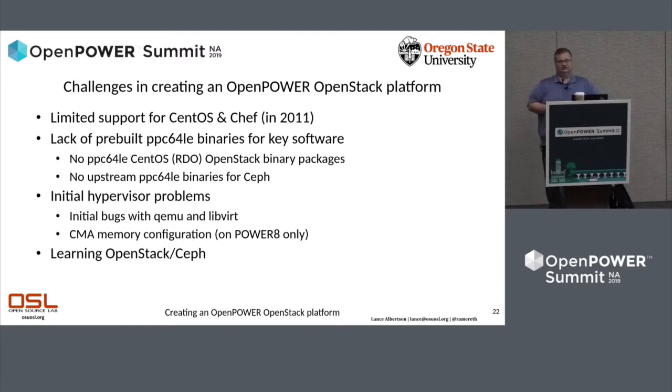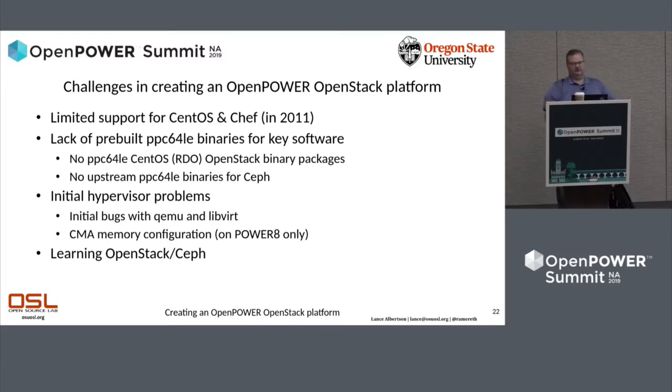So some of the initial challenges that we ran into, since we started so early on with POWER8, there was very limited support for us to start out with. So initially, CentOS didn't have any PowerPC Little Endian support at all. So we actually started out with Fedora back in the day, and then we switched to CentOS. Back then, Chef didn't actually have a build for Power quite yet, so we had to build our own. They now have that.